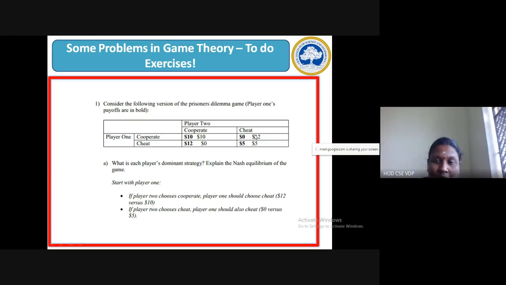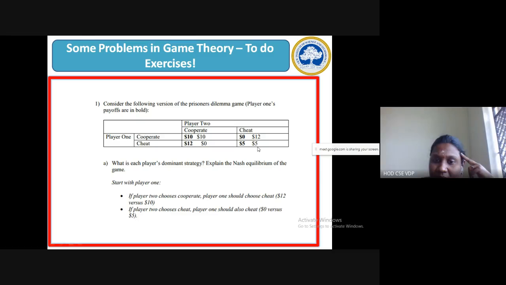And coming to column wise, if you check which is dominant. So row wise dominance, cheat can be deleted, and column wise dominance: which column should I delete, 10 and 0 or 12 and 5?